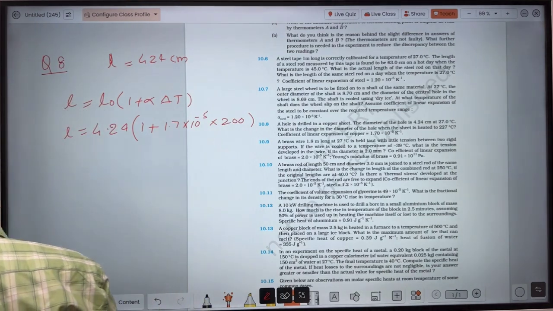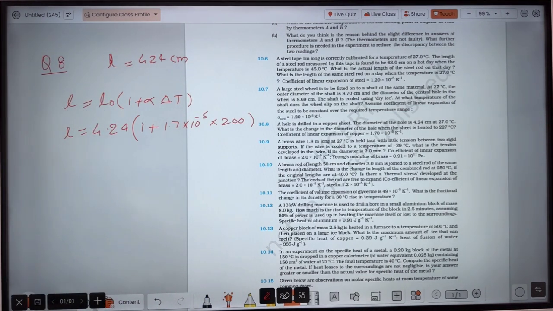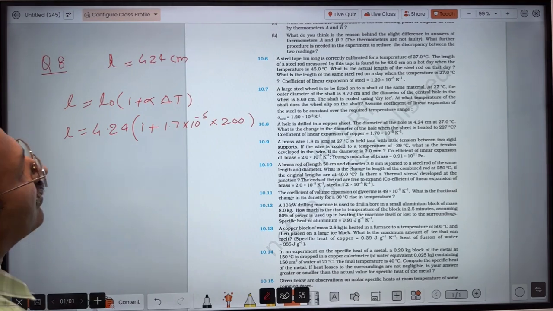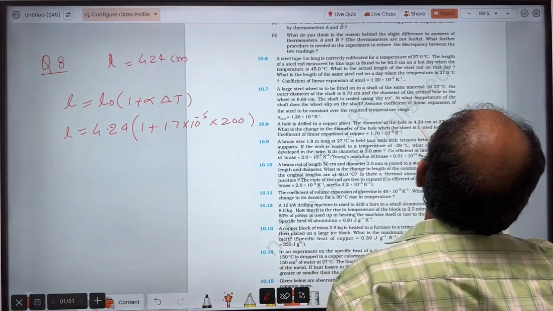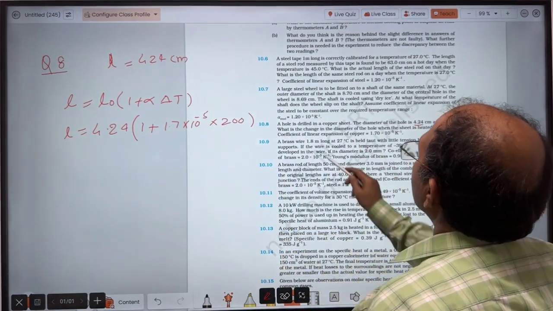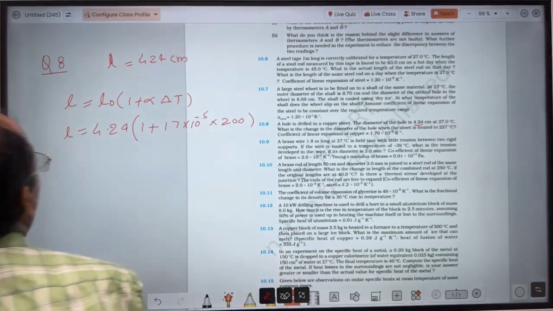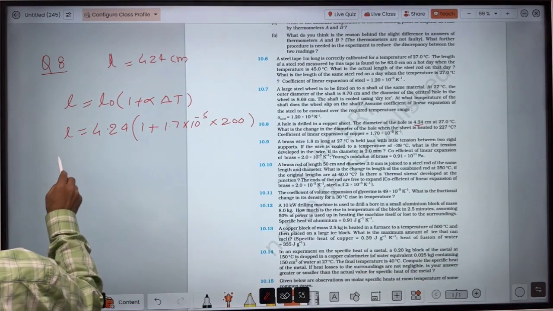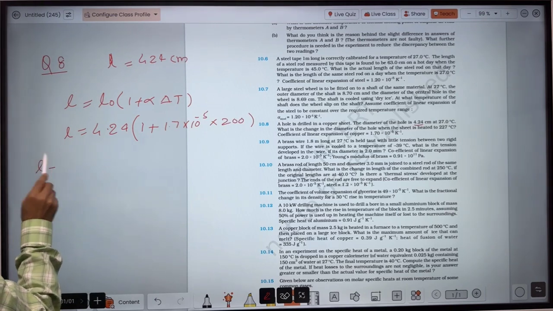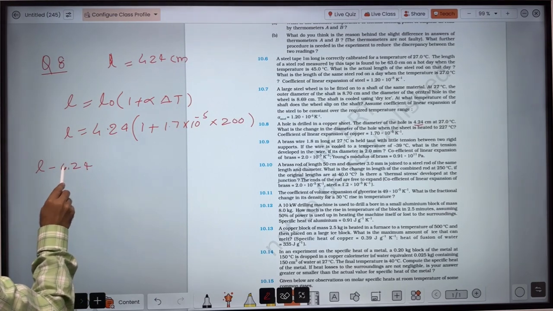You can evaluate it and you will get its value around 4.24 centimeter. Here our concern is what the change is. So change means you have to find delta L, right? So just simplify it, and delta L will be L minus this value, 4.24, right?